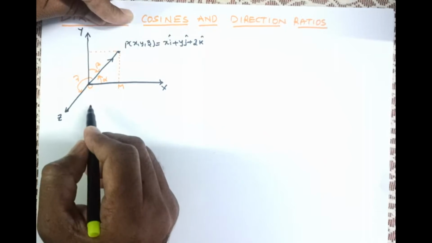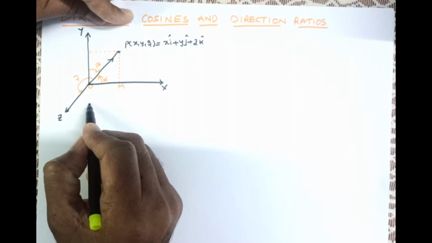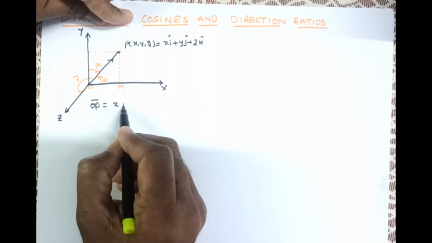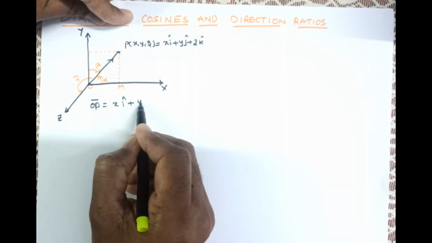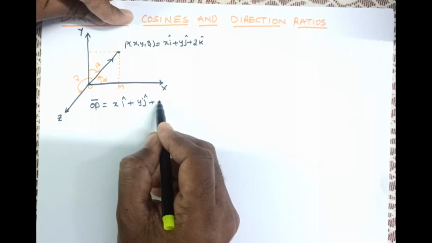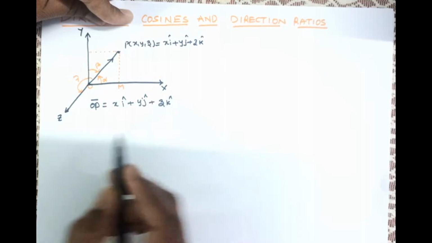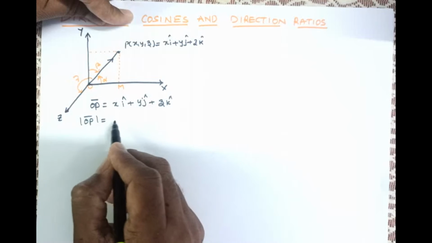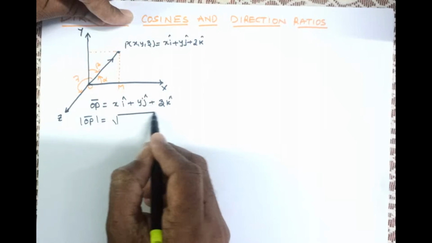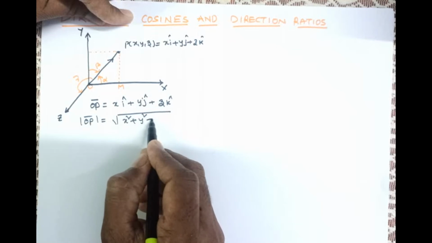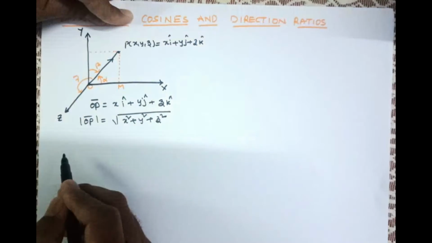So this vector OP bar we can write as x i cap plus y j cap plus z k cap. Mod OP bar, the magnitude of this vector, is the square root of x square plus y square plus z square.